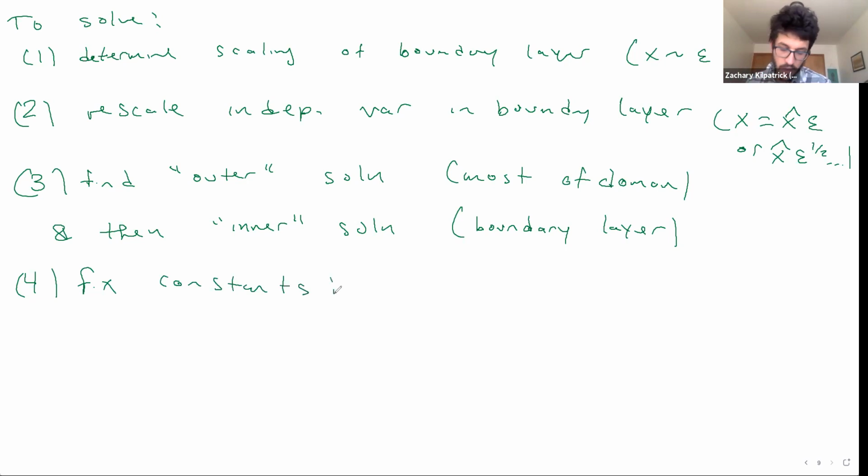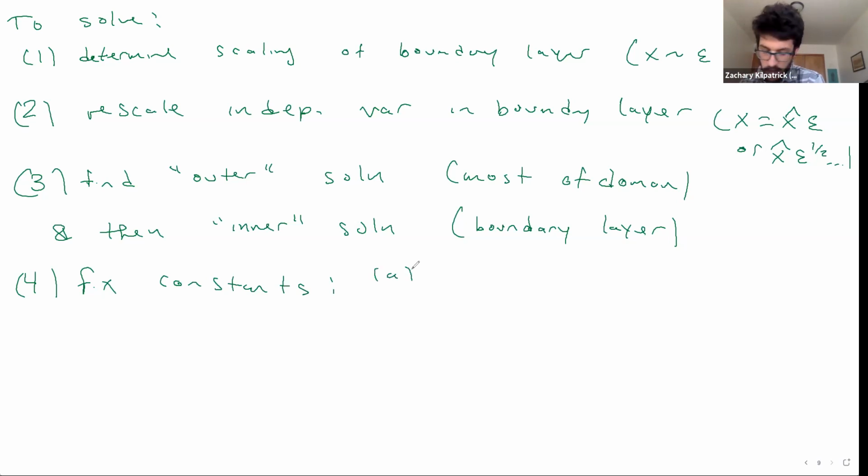So we're going to end up with a bunch of constants, and those are going to allow us to fix our interfaces between the boundary layers and the outer solution.